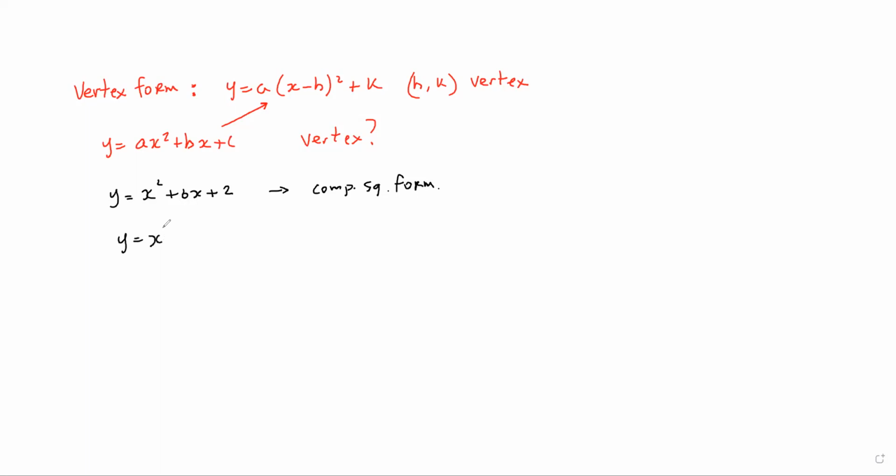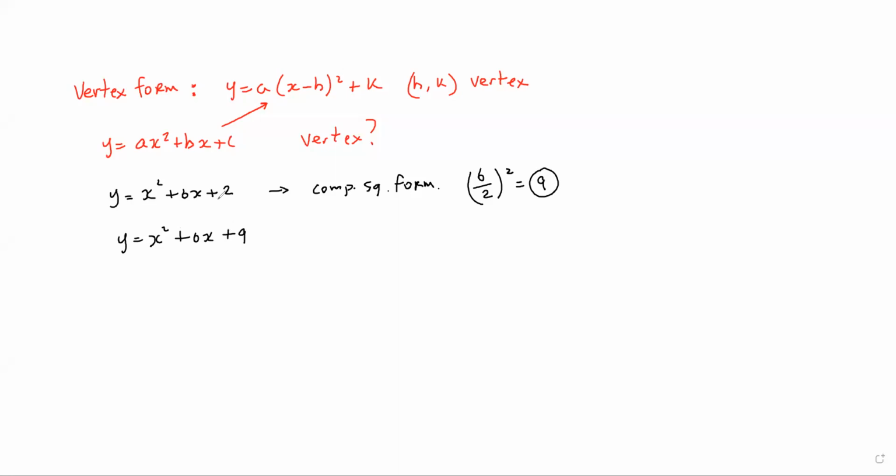So x squared plus 6x, our middle number here is 6. Remember before we took that number, divided it by 2 and then squared it. In this case, we'll get 9. So this is our special number that we need to add to our equation. So we'll add 9 here.